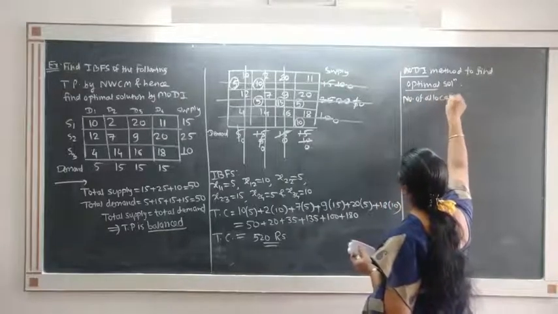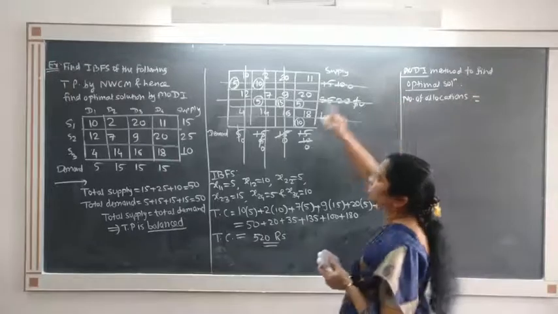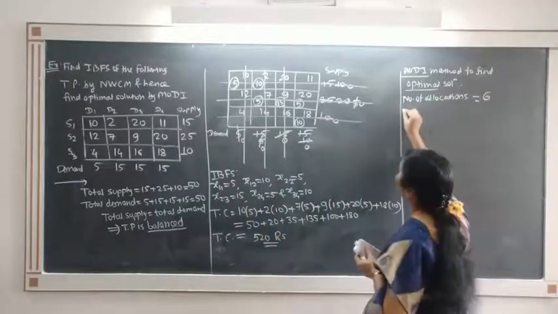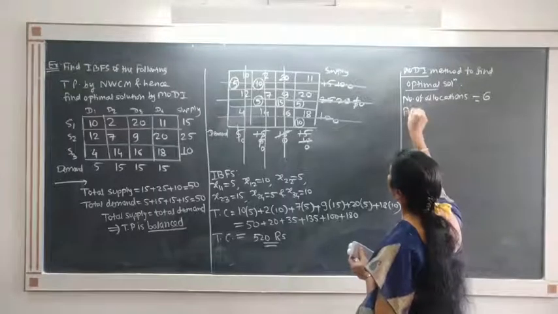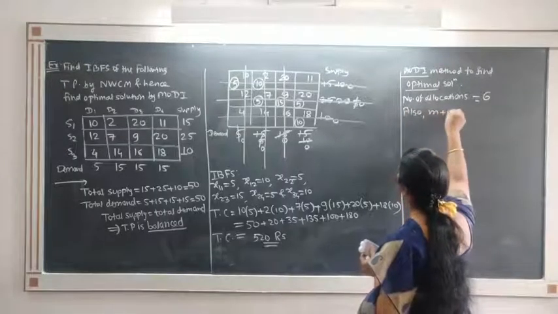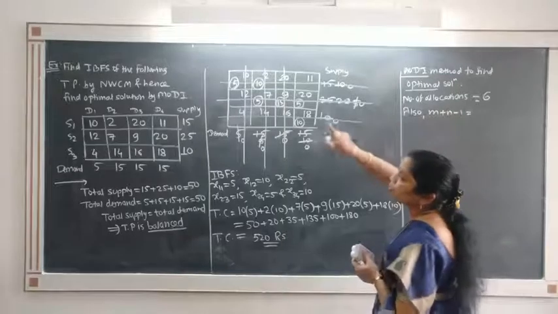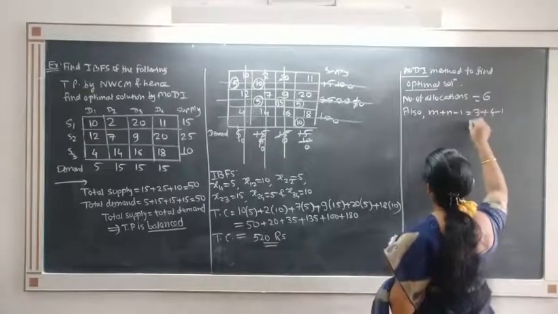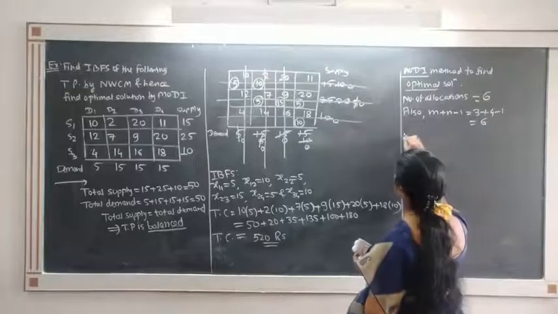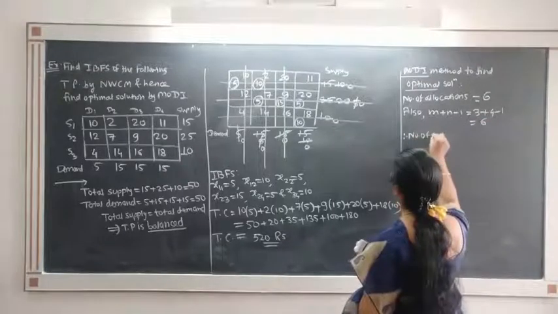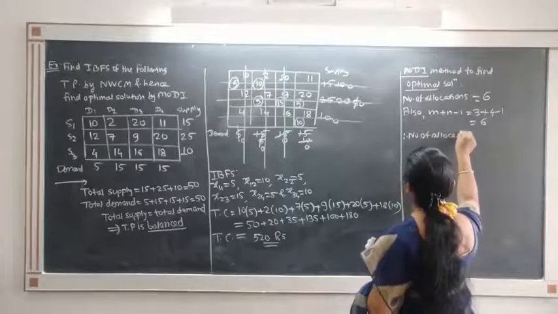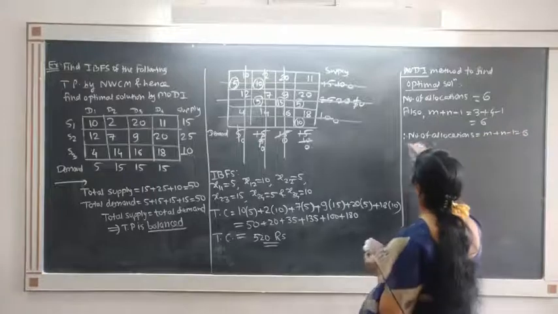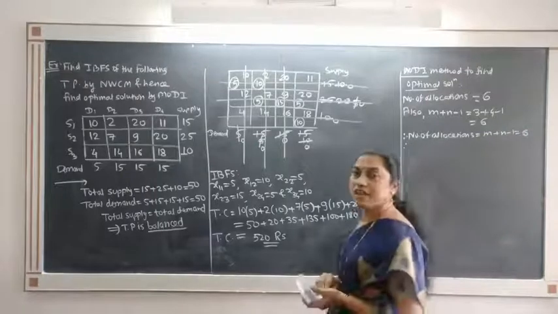The number of allocations here is 6. These are the 6 allocations, and they should be equal to m plus n minus 1. So see what m plus n minus 1 is. m means the number of rows, that is 3, and the number of columns is 4, minus 1, it is also 6. Therefore the number of allocations is m plus n minus 1, so the first condition is satisfied.